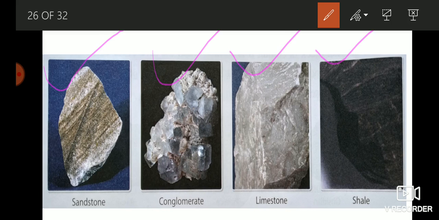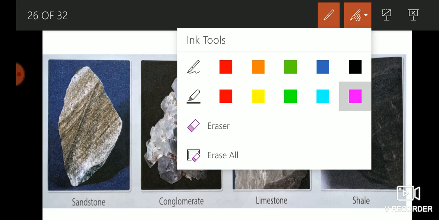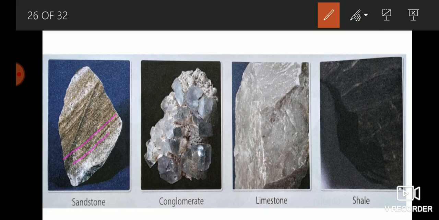Students, you can notice that there are some markings. You can observe some parallel markings. So why these parallel markings? These are actually the sign of layers.